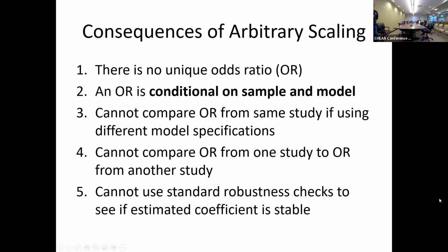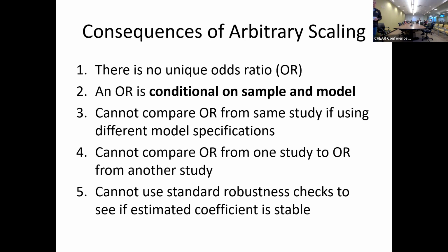So the consequence of having this arbitrary scaling is that there is no one unique odds ratio for whatever research question you have. So it doesn't make any sense to talk about the odds ratio. There is no the odds ratio. You estimate an odds ratio conditional on your sample and on the model that you estimate. That's very important.